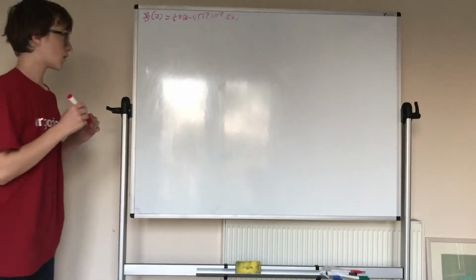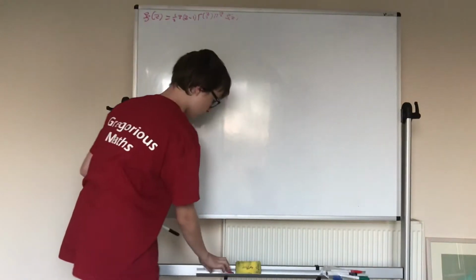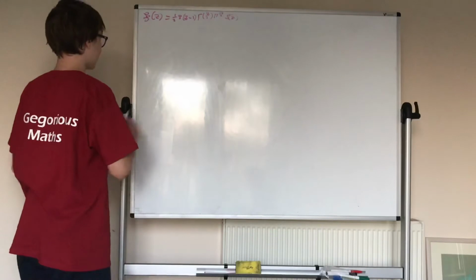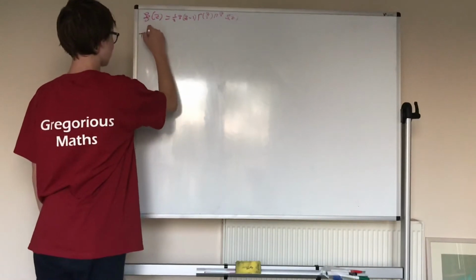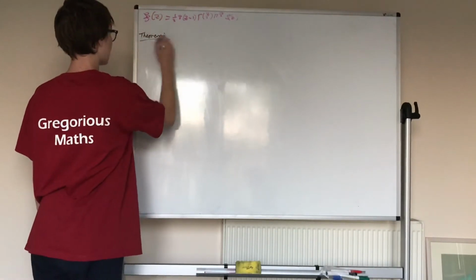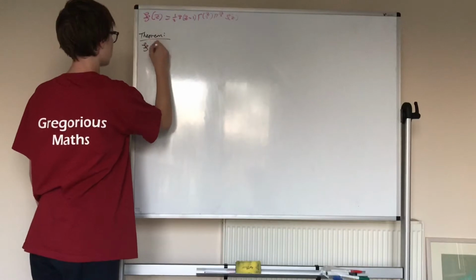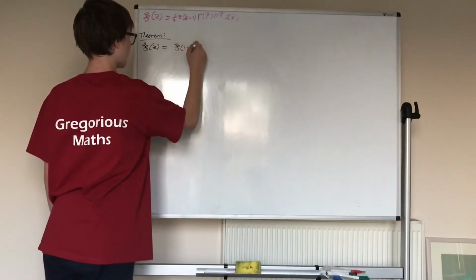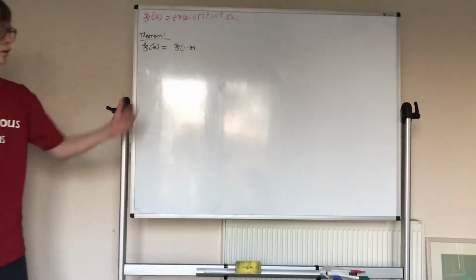And the functional equation, which allows us to analytically continue this to all of the complex plane, is the following. So xi of z is equal to xi of 1 minus z. This is what we're proving.